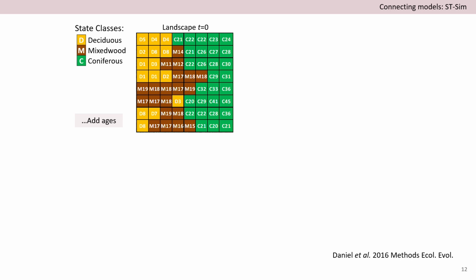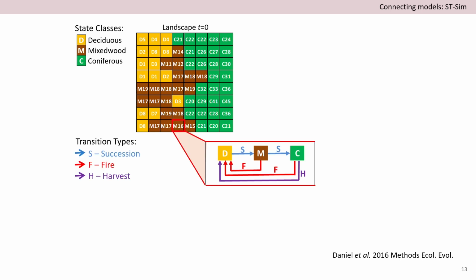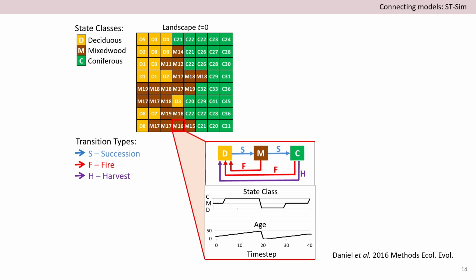And then you can also include ages for each location on your landscape. And you define some kind of a conceptual model that describes how one location on my landscape changes from one land cover class to another. So this conceptual model includes different kinds of transitions. And these transitions can have either probabilities associated with them, or they can be deterministic with the passage of time.